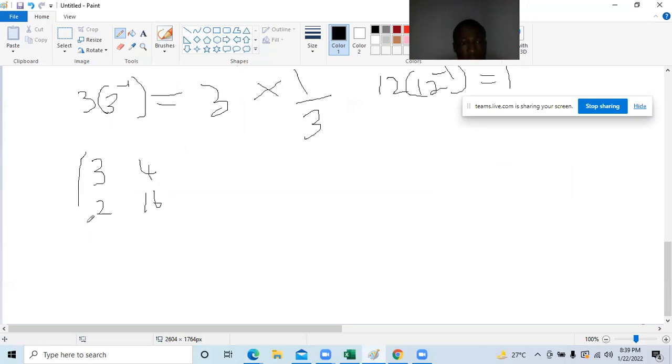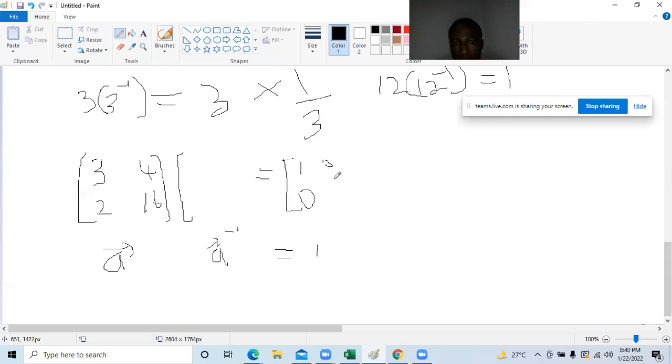If we wanted to find the inverse of this matrix, what we need to do is relate it to, so let's say this is A. This is matrix A. Now, matrix A times matrix A raised to the power minus 1 will give us 1, 0, 0, 1.